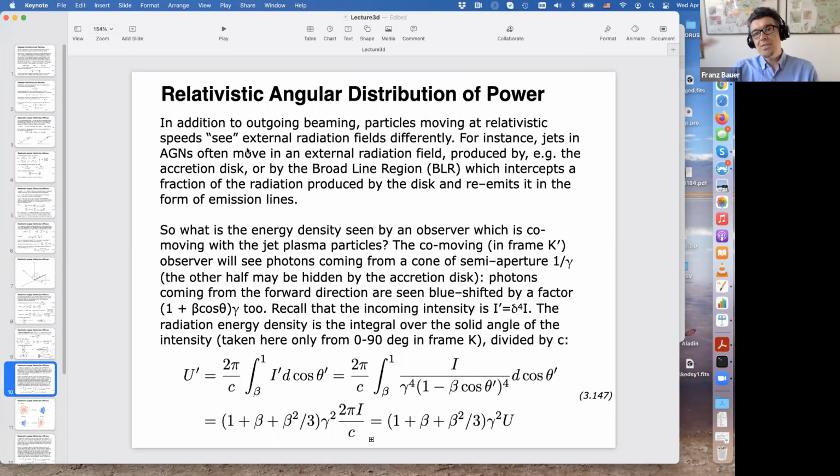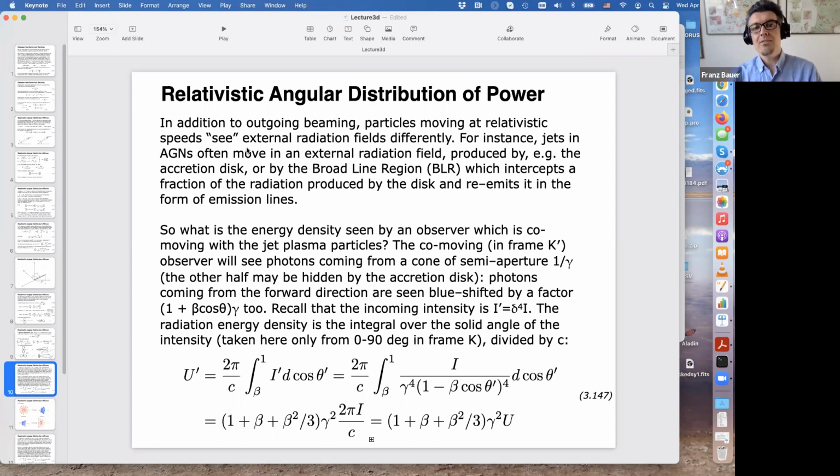So you have the outgoing beaming that happens from this change in reference frame, but there's the other effect, which is that this particle in the rest frame is seeing the universe in a different way. The light that's coming in from our frame into the frame of the electron, which is initially doing the beaming, the external radiation field that it sees will be different from the one that we see. And that's kind of interesting.